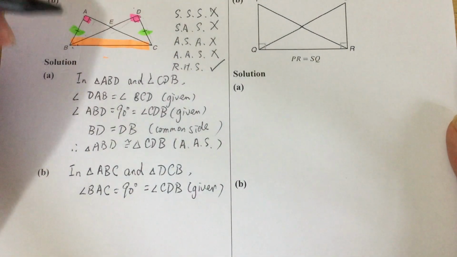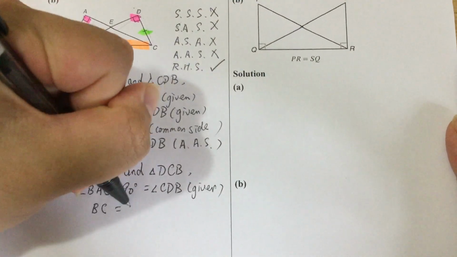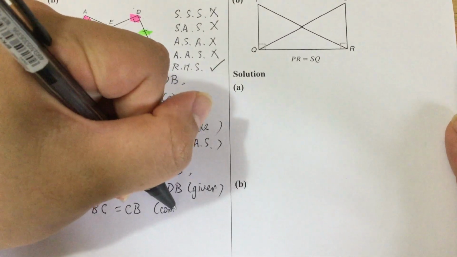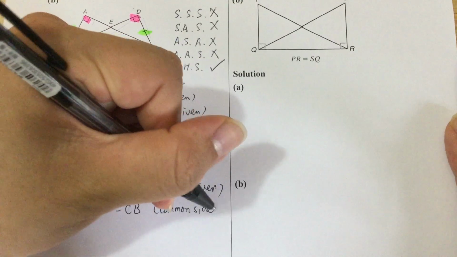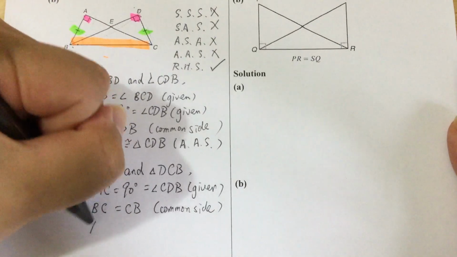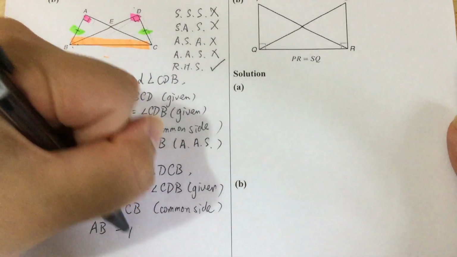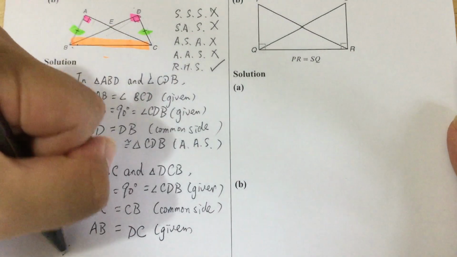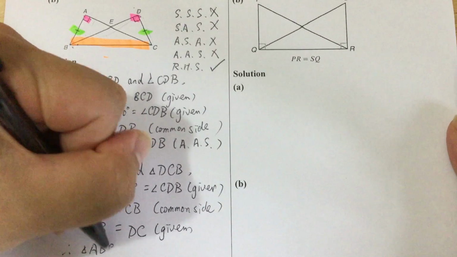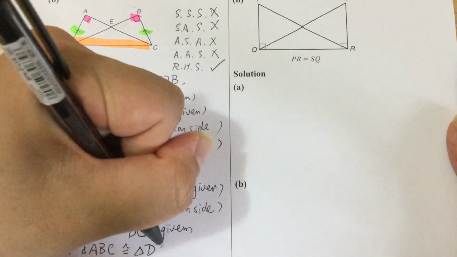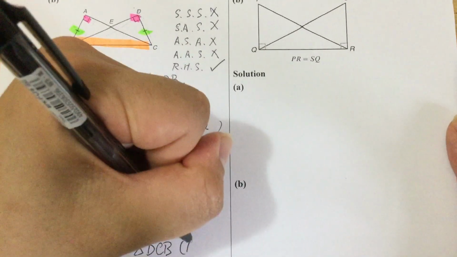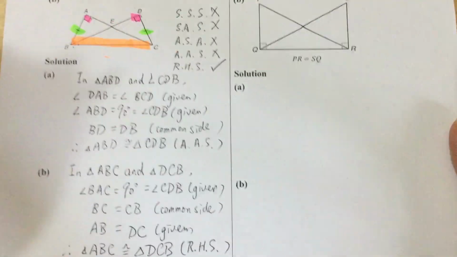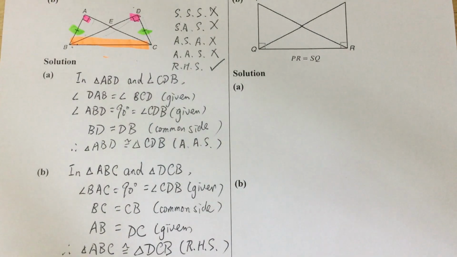Next, BC equals CB, common side. Finally, we will use AB equal to DC. That one is given. So finally we have triangle ABC is congruent to triangle DCB. That one will be RHS. So we have finished the second part of it.